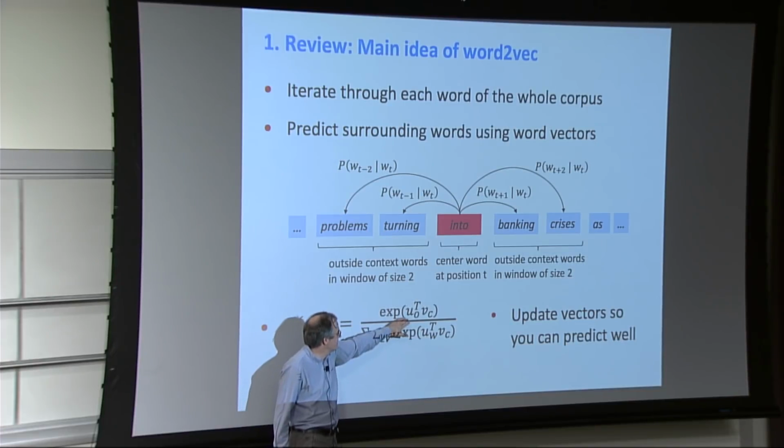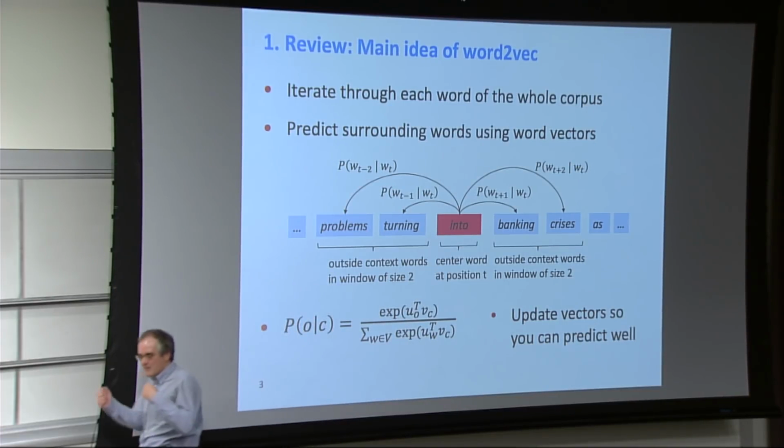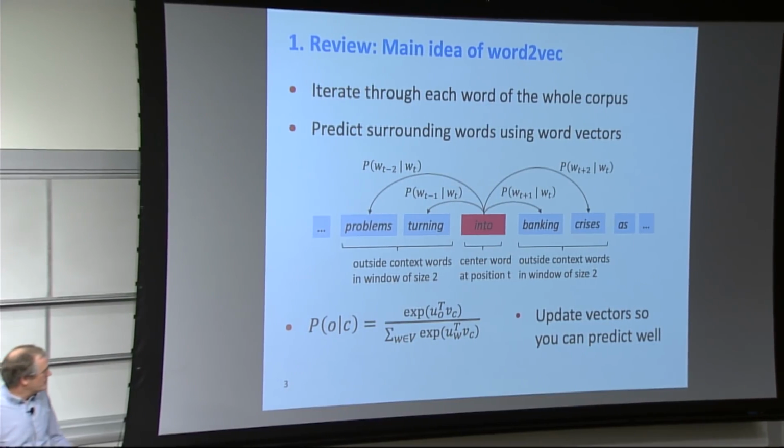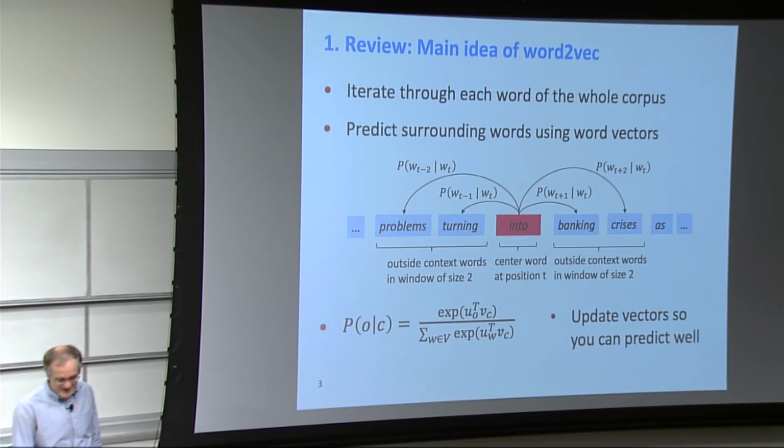That probability distribution is defined simply in terms of the dot product of the word vectors via the softmax function. So what we want to do is change those vectors in a way that gives good probability predictions. It gives as high probability as possible to words that you tend to see in the context.